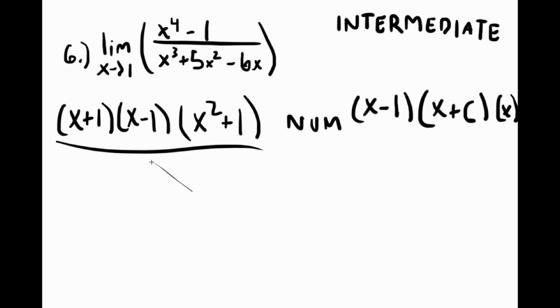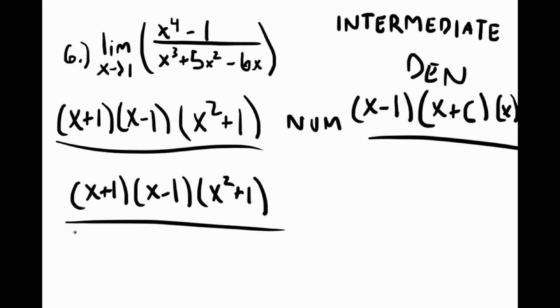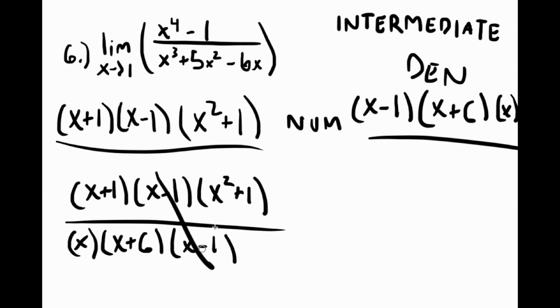Alright, so for our final answer, we're basically going to write out all of this. x plus 1, x minus 1, x squared plus 1, divided by x plus 6, x minus 1. I'm going to divide out these two. We can finally do that.